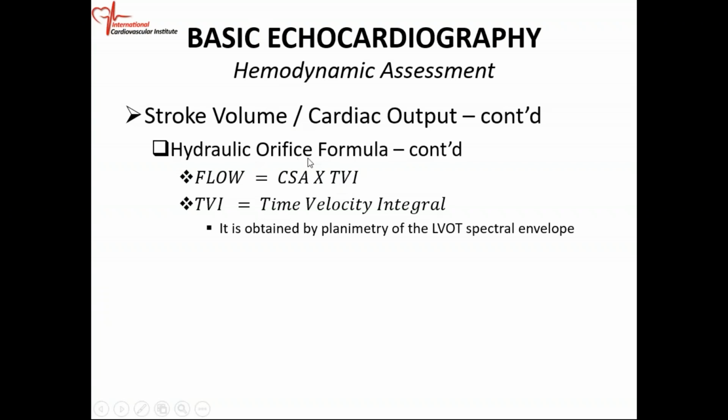That's why we call it the time velocity integral. It's the so-called area under the curve. So if we're going to use our Doppler principle, then flow is equal to the cross-sectional area times the TVI, time velocity integral.